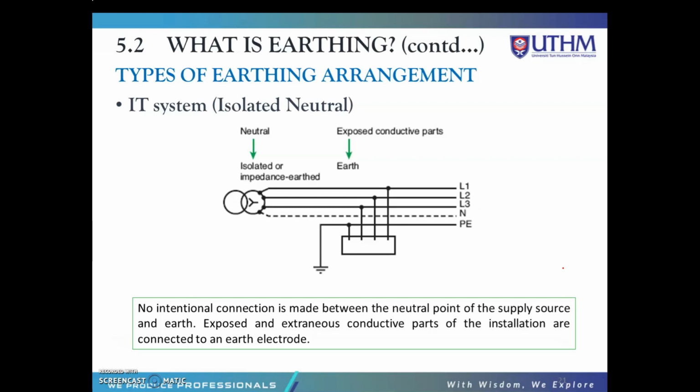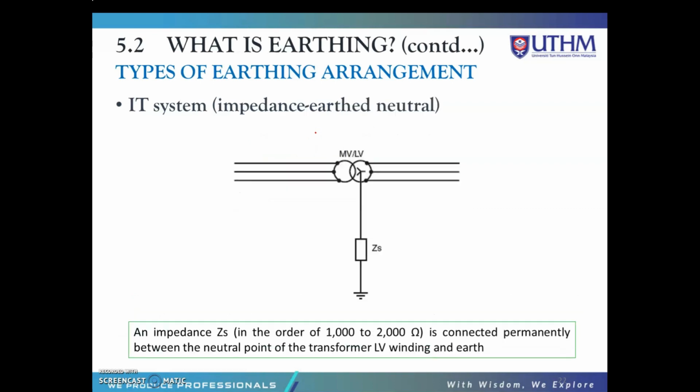Okay, and then we have IT. The third one is IT. IT system means isolated neutral. We isolate the neutral, so you can see here isolated or impedant earth. We have two types. The first is the isolated neutral, and the second is the impedant earth neutral.